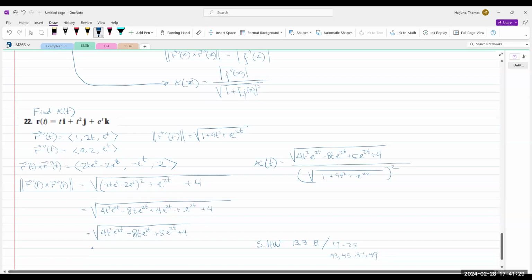That's for this 13.3, the second part. Right now it's 5:41. We will come back at 5:51 to continue with the next section, 13.4.